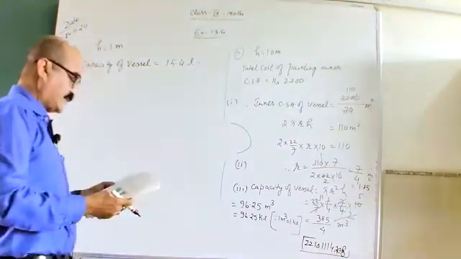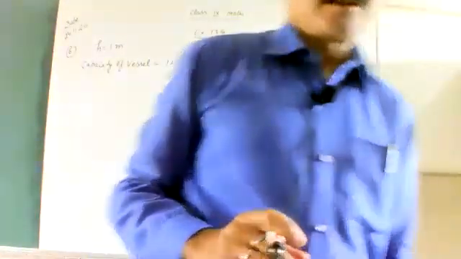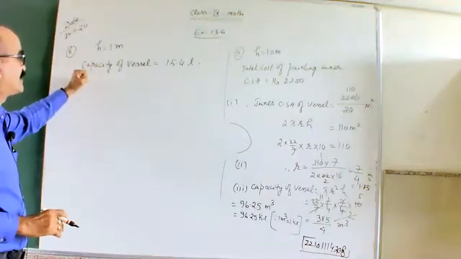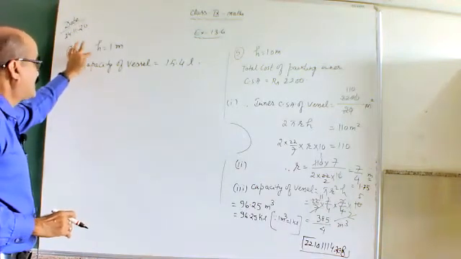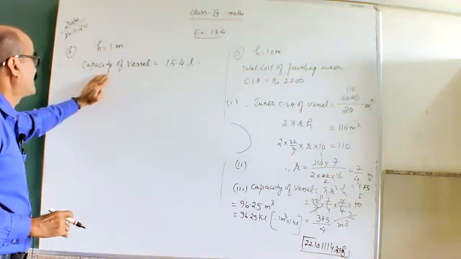But we need to find how many square meters of sheet are required for making this vessel. So height is given. First of all, we will find out the radius of this vessel.